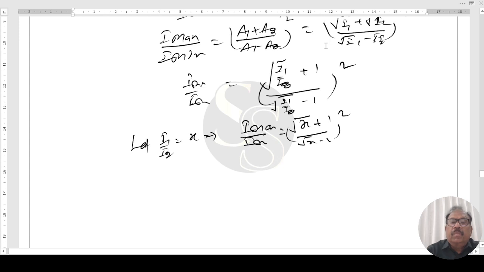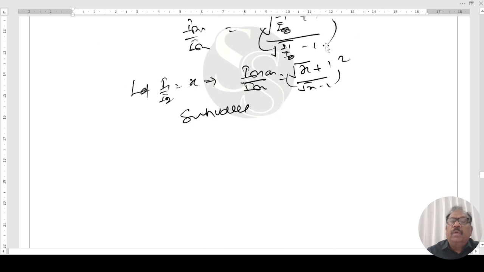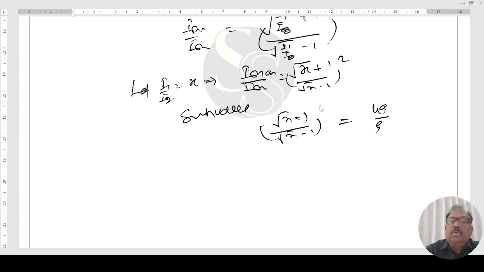Substituting values, I maximum upon I minimum is 49 by 9. So 49 by 9 equals root x plus 1 over root x minus 1 whole square. Root x plus 1 upon root x minus 1 equals 7 by 3.